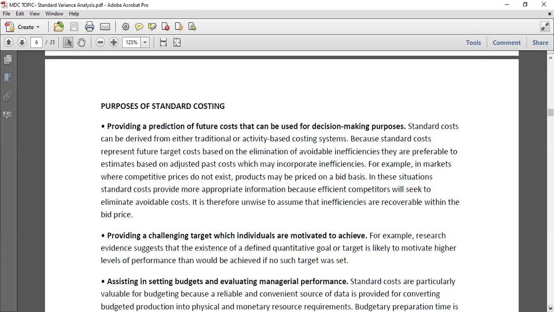And then also, one of the other things you need to take into consideration is that setting the standards provides a challenging target for individuals to be motivated. Just like the way we are studying for the CPA exam, your standard mark is 50 that you're working against.